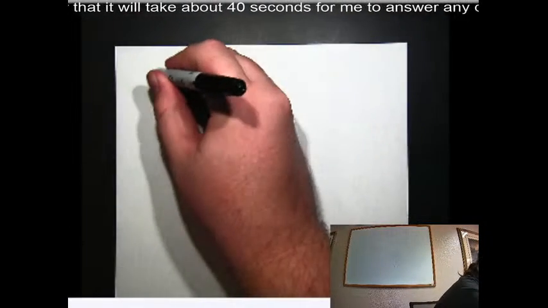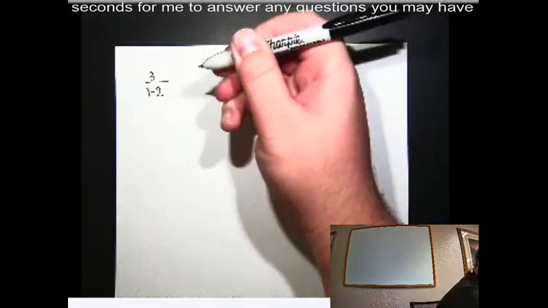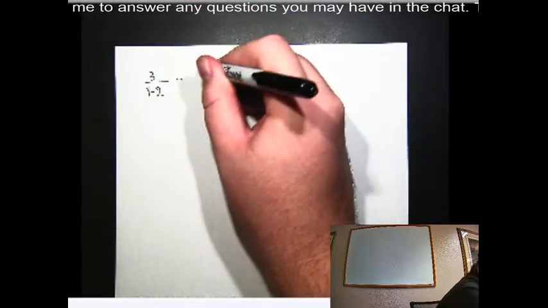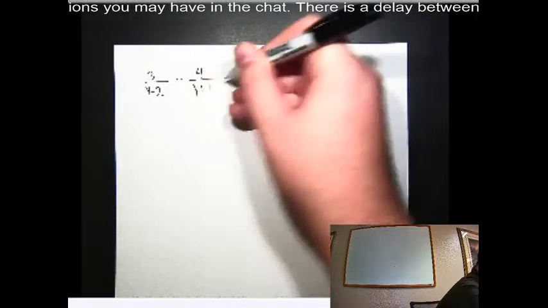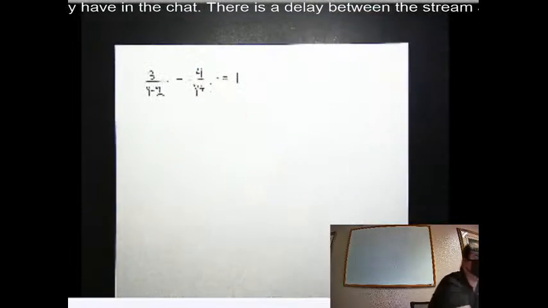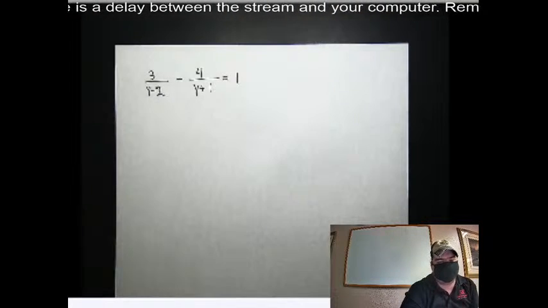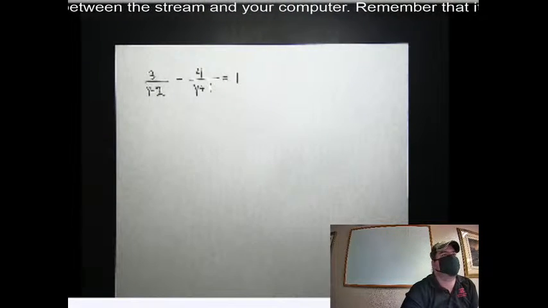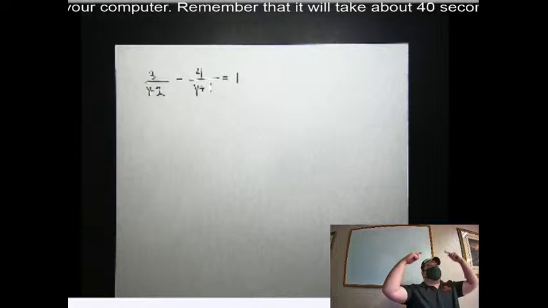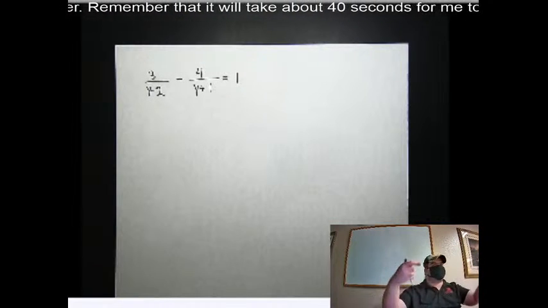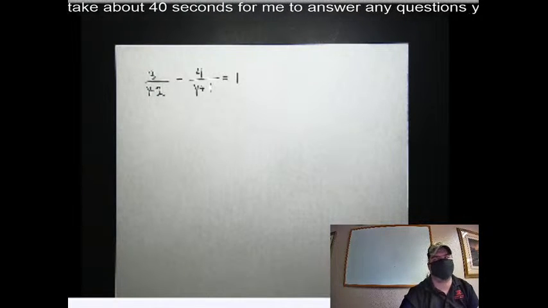So here I've got 3 over y minus 2 minus 4 over y plus 1 equals 1. So let's think back to the beginning of our course this semester. We've actually seen something kind of similar to this.